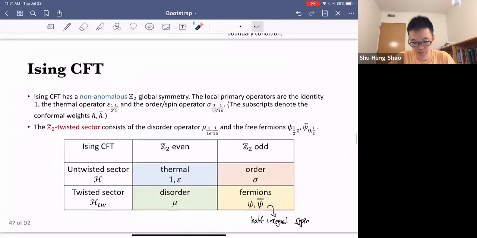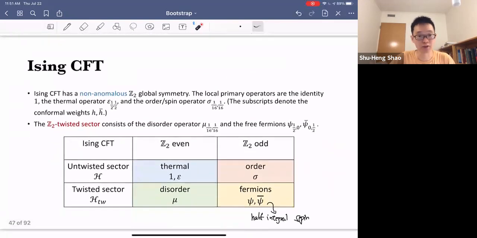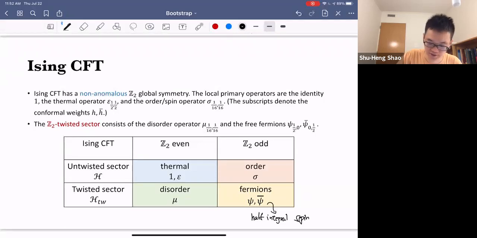But you can ask a more general question, very much in line with the Bootstrap philosophy. You hand me this local CFT data with the symmetry action on the local operators. How do I extract the twisted sector data? In 1+1D, there's a simple way to do that. It's by modular covariance. You can consider the torus partition function. You take this as time, and you put a symmetry line here.